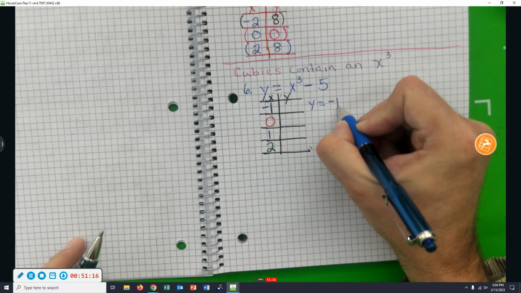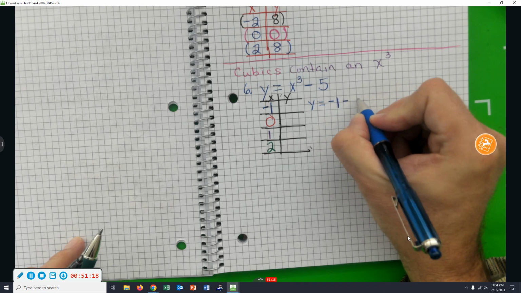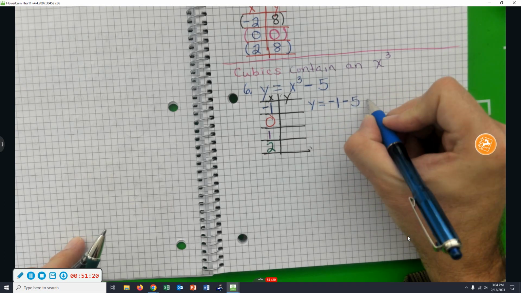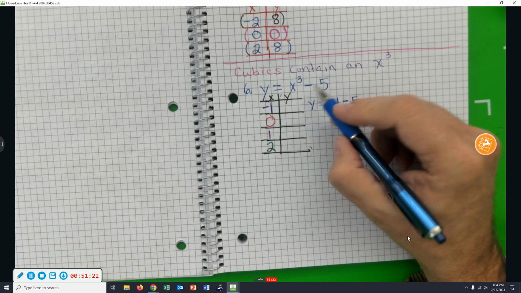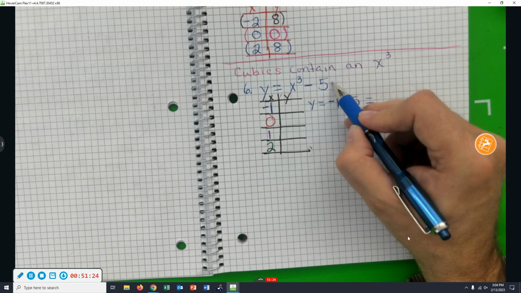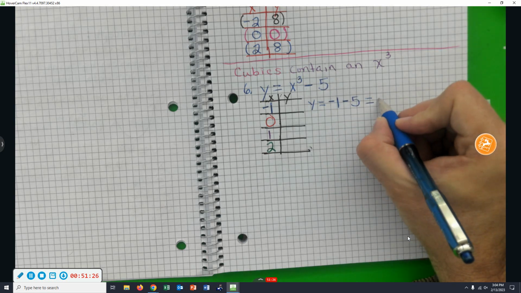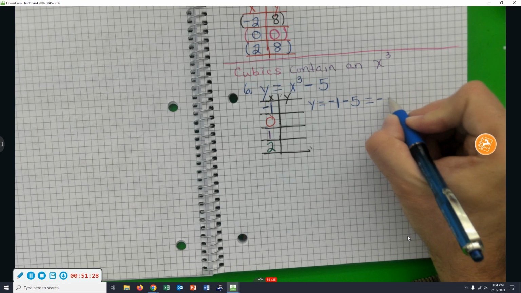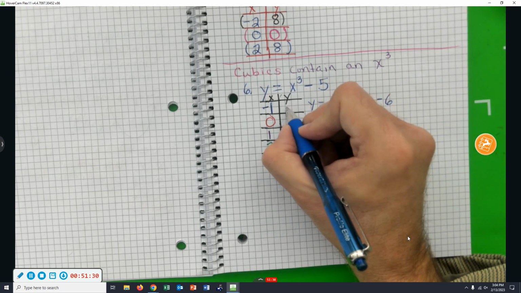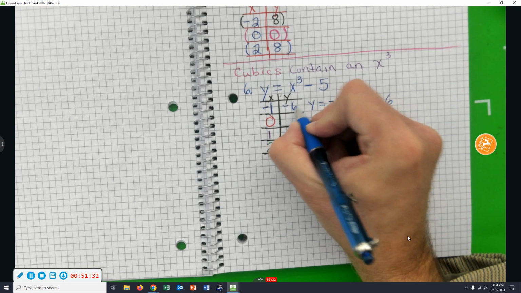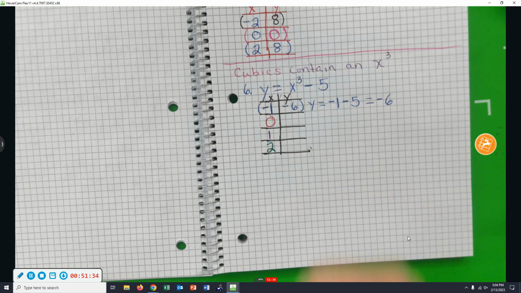Is this going to be a -1 minus 5? The -5 is just from right here. What are we getting for this first y value? -6. Are y'all following what I've done there? Any questions about my logic?